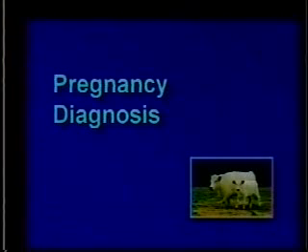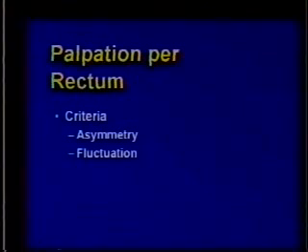Well, let's assume we have inseminated the cow successfully, but we need to prove that indeed she conceived, and if not, we need to give her another opportunity to. The most common method of pregnancy diagnosis is per rectum, palpating the uterus directly, and the early signs are that of asymmetry and of fluctuation, the presence of fluid.